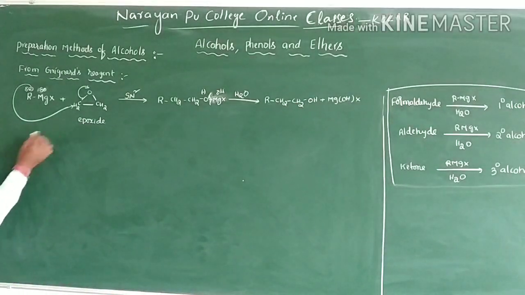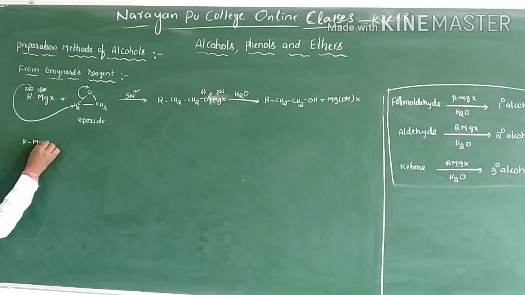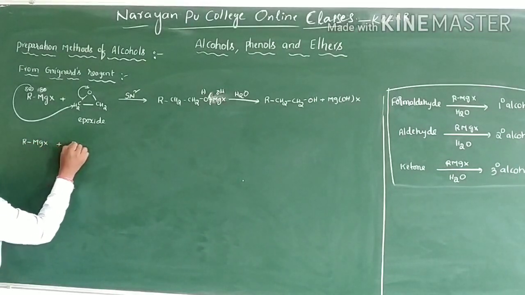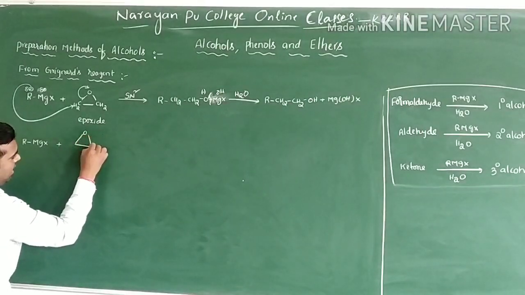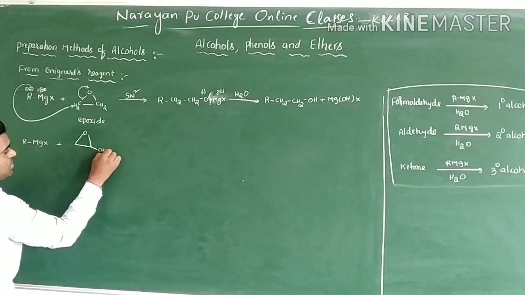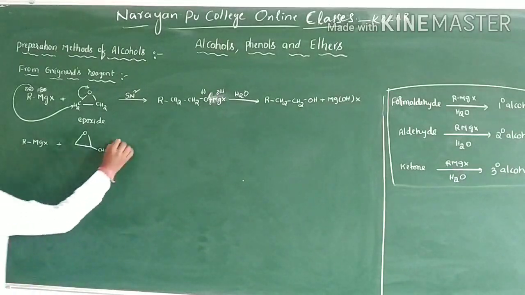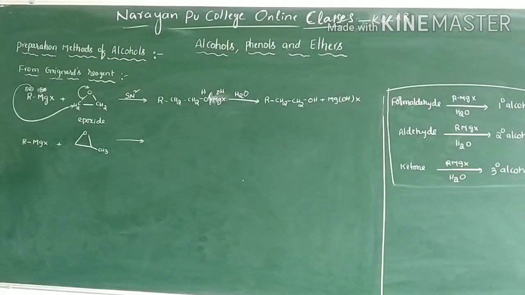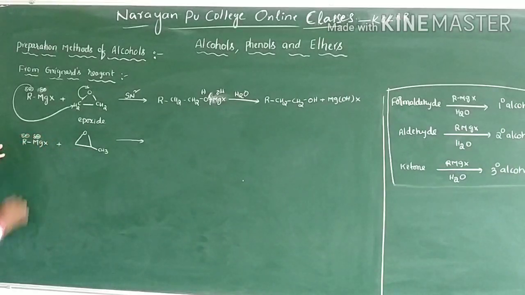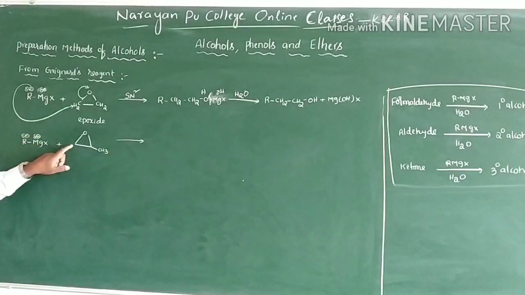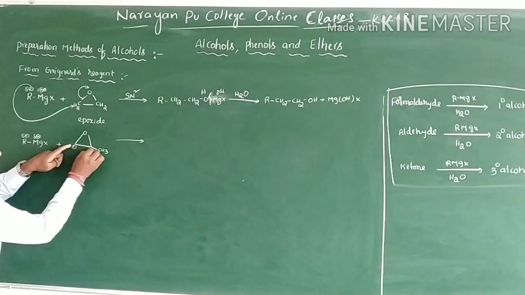And for the second one, I will take another example. R-MgX, and suppose I write the epoxide here, with a CH3 group on it. It has a positive charge here and a negative charge here, and R can attack the first carbon and also the second carbon.